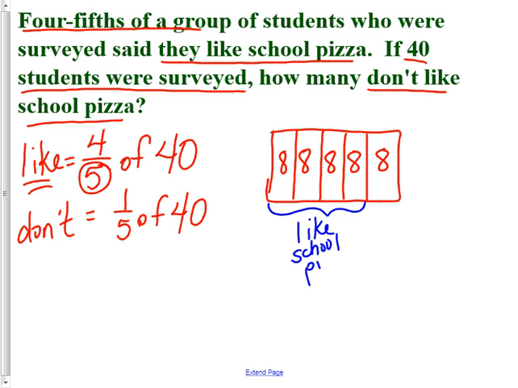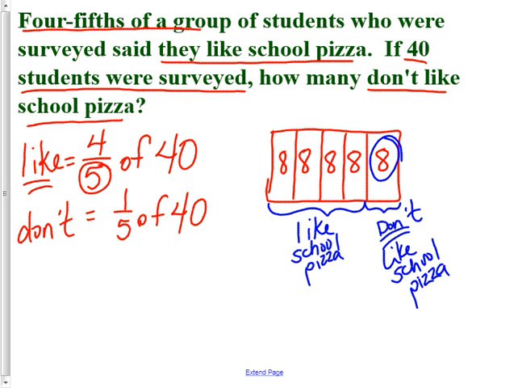That means 4 sections like school pizza, and then 1 out of the 5 sections of kids don't like school pizza. So when I look at this one, my answer is here. There are 8 students who don't like school pizza.